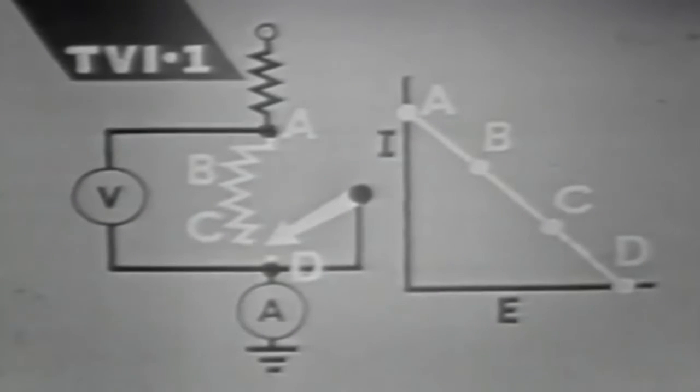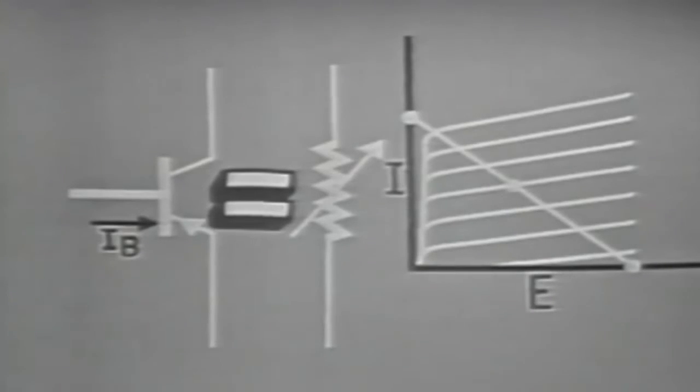A load line is a line that represents all possible current and voltage values in a circuit. Point D is determined by the applied voltage, and point A is determined by the load resistor. The points in between A and D are controlled by the variable resistor. Since a transistor acts like a variable resistor, we can use the idea of a variable resistance to describe the basic load line in a transistor circuit.